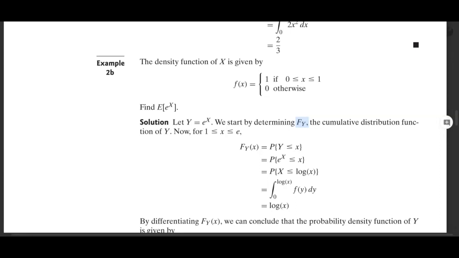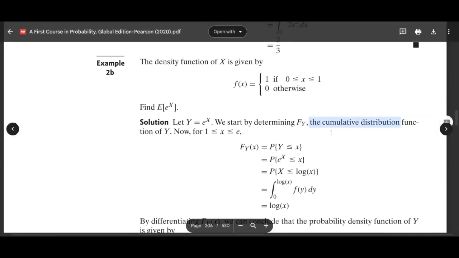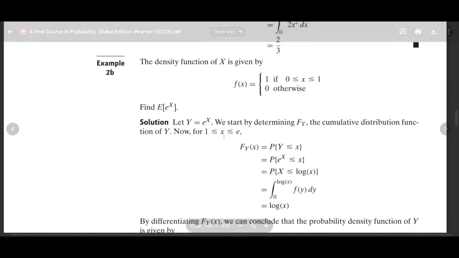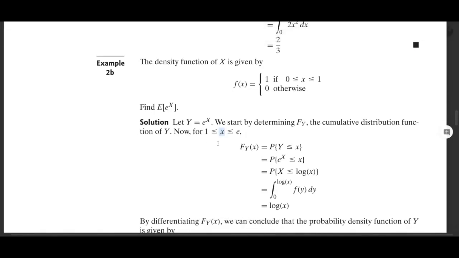Capital letter F represents the area we're looking for, the probability we're looking for. So that's why it's called a cumulative distribution function of y. So x goes from 1 to e.